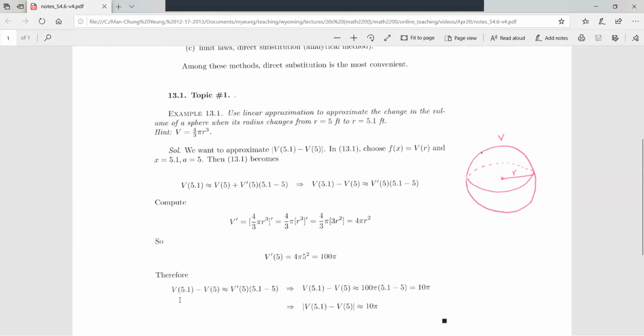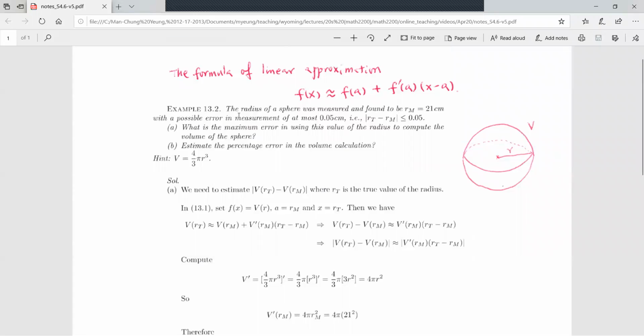Then we get the difference. The difference is about 100 pi times 5.1 minus 5. It is 10 pi. So therefore, the change in the volume when the radius changes from 5 to 5.1 is about 10 times pi.